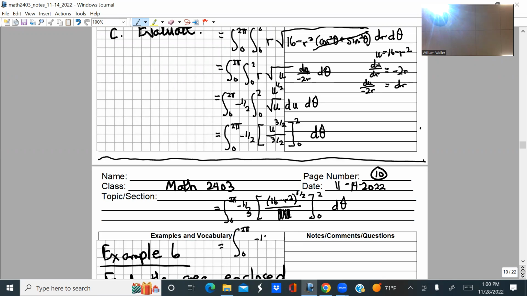So it looks like what? Minus 1/3 times, when you plug in the 2 there, is that 12 to the 3/2? 16 minus 4. And then when you plug 0 in, you get just 16 to the 3/2, right? But don't forget, all of this is multiplied by -1.